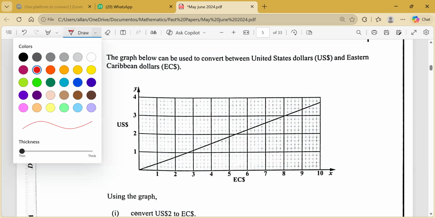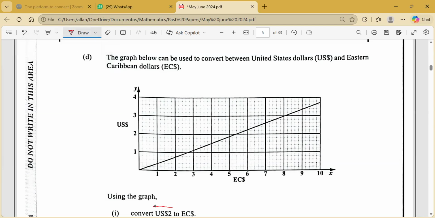So they said convert $2 US to EC. This is the US side, so you're going to convert the $2 to EC. You go on the graph and put a point where that line is.